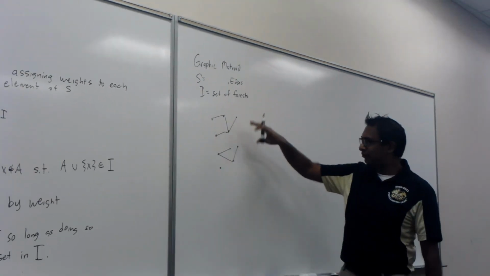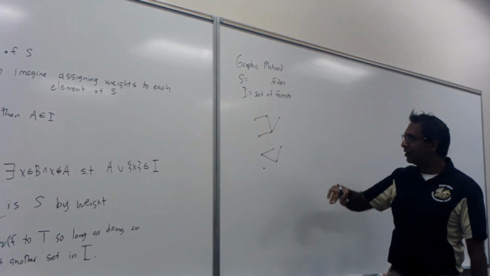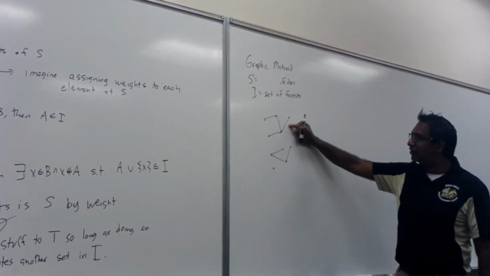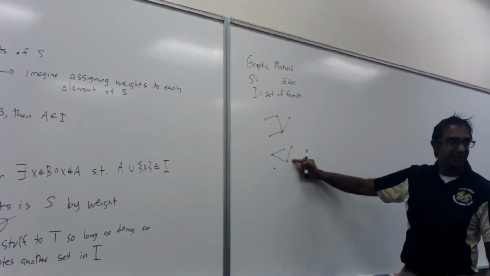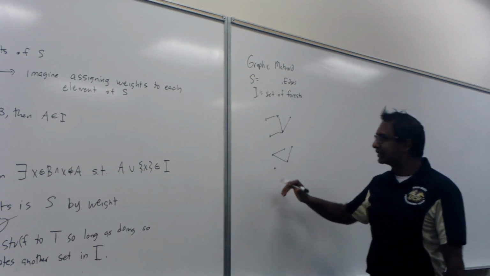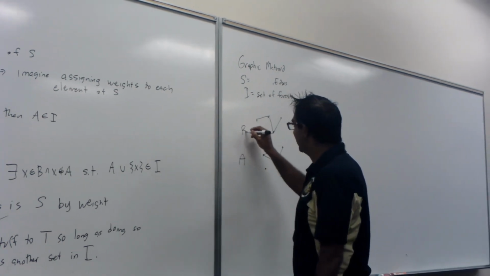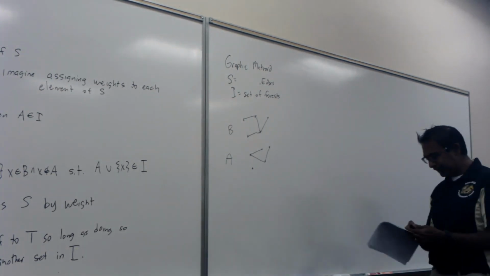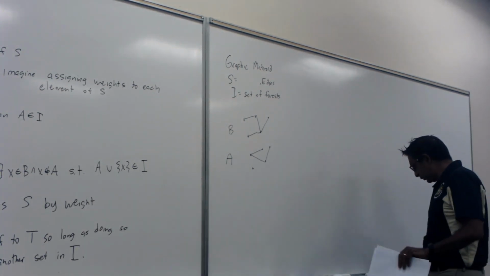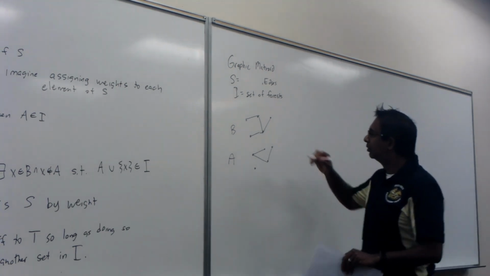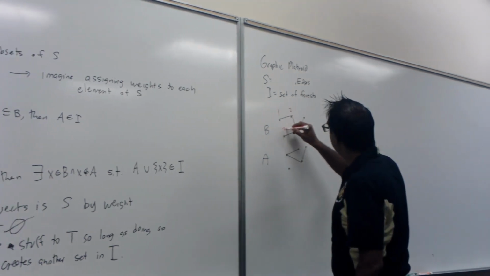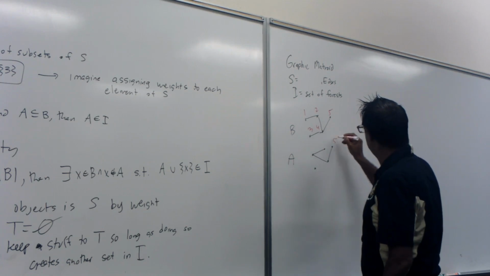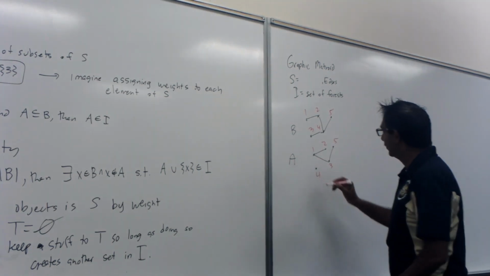So maybe there's some more edges total. But anyway, this is some subset of edges that belongs to I. This is some subset of edges that belongs to I. You'll notice that we'll call this set A, and we'll call this set B. Okay. Maybe I'll label my vertices. 1, 2, 3, 4, 5. 1, 2, 3, 4, 5.